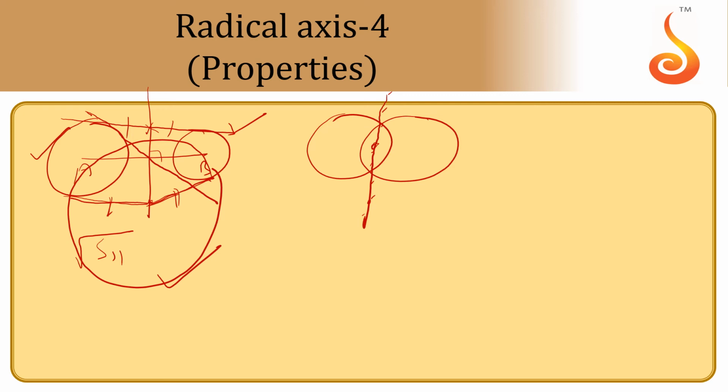Now if n circles are there, the maximum number of radical axes you can generate is nC2. Why? For every two circles you can generate a radical axis. And the minimum number of radical axes you can generate is 0. The minimum number is 0 when the circles are concentric.